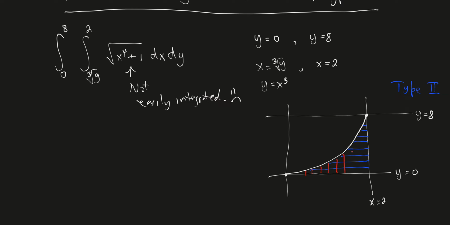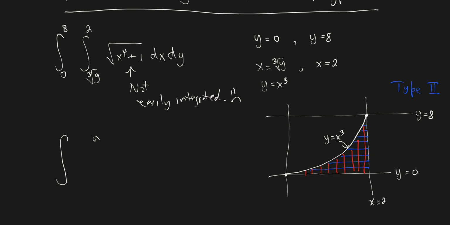If I do this, then I can set this up in a different way. I could say now x goes from 0 to 2, but y goes from the horizontal line, y equals 0, up to my curved boundary there, y equals x cubed. So here we're reversing the order of integration.